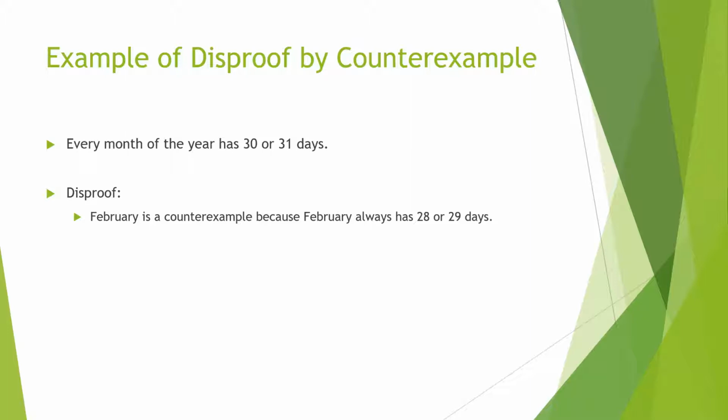February is a counterexample because February has either 28 or 29 days depending on whether we are in a leap year or not. So this is an example of a disproof by counterexample. Basically, in this kind of disproof, we are dealing with a universal statement, and we find a counterexample to that universal statement, and this way we can simply say that that universal statement is false.